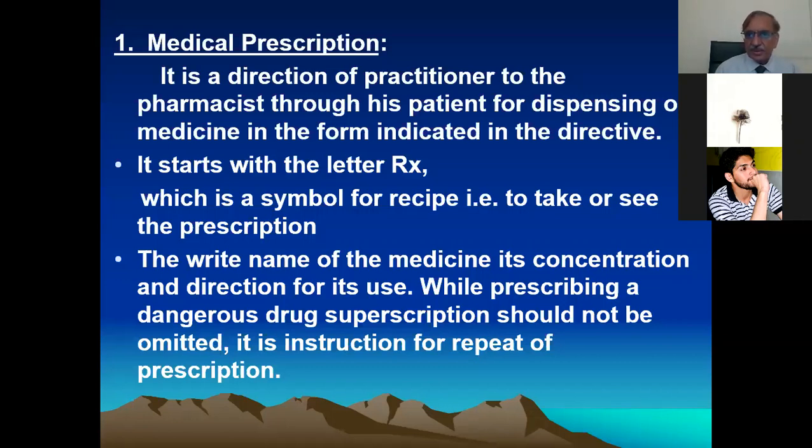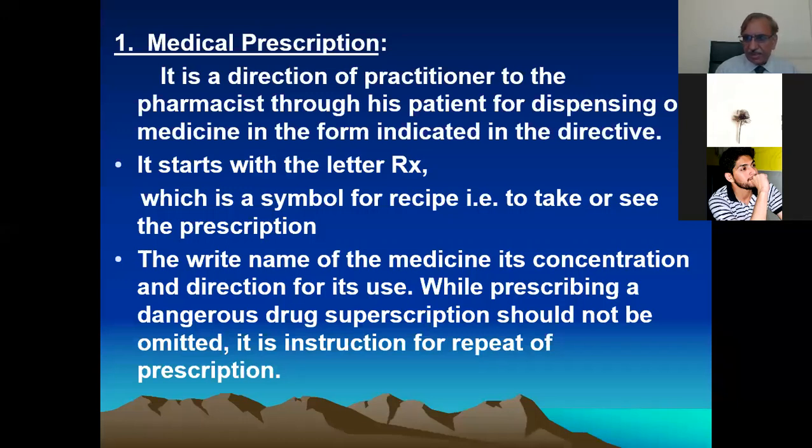The detail of what is going to be prescribed and how it is to be taken is written in the prescription. It usually starts with the letter R, which is the symbol for recipe, which means take or see the prescription. Next, we write down the name of the medicines, its concentration, and direction for its use.